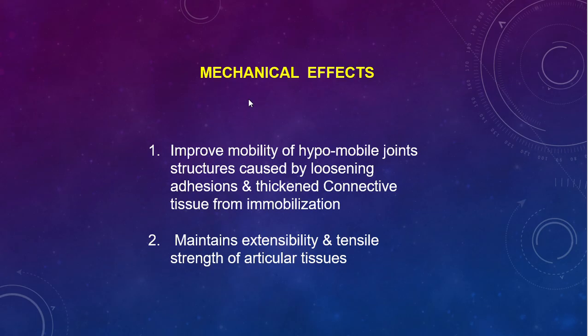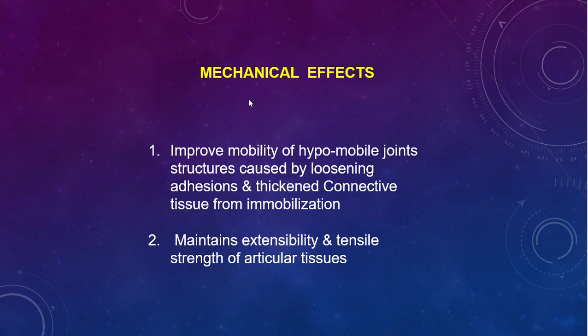If we notice hypermobility in a joint, we will not apply mobilization. We will check the adjacent joint, and if we find that it is hypomobile, we will treat that one. But we will not apply manual therapy on hypermobile joints. Instead, we do stabilization on hypermobile joints.